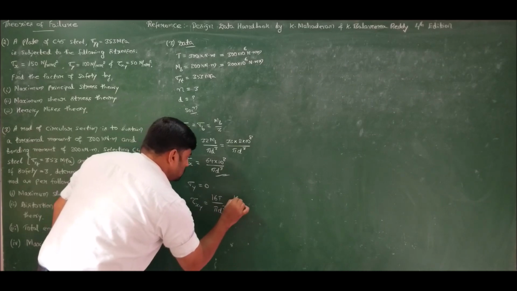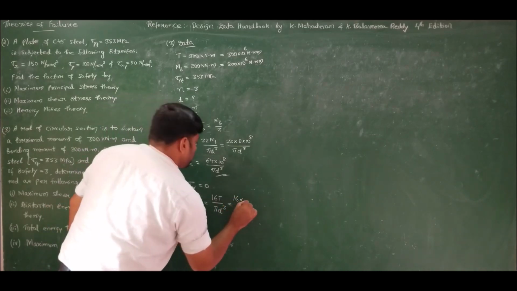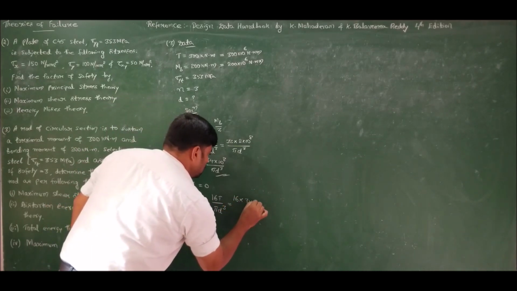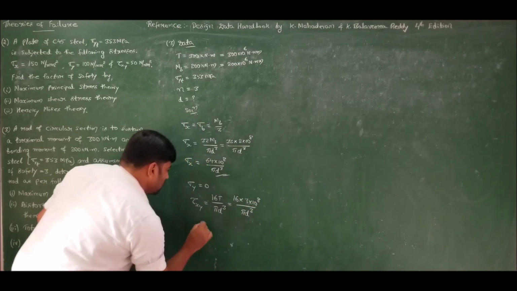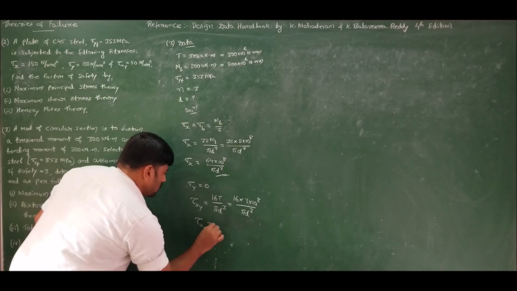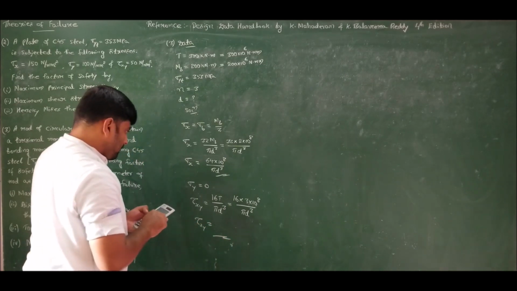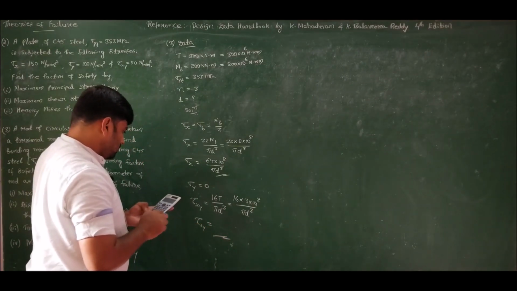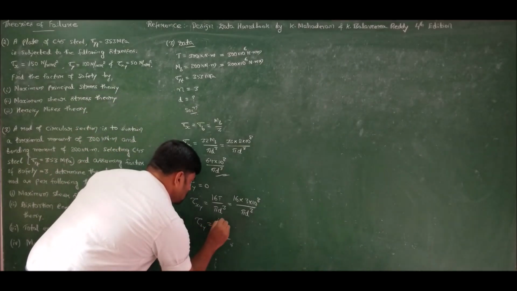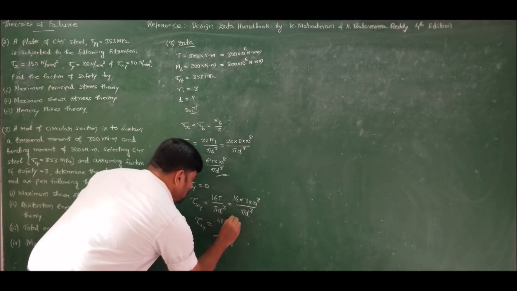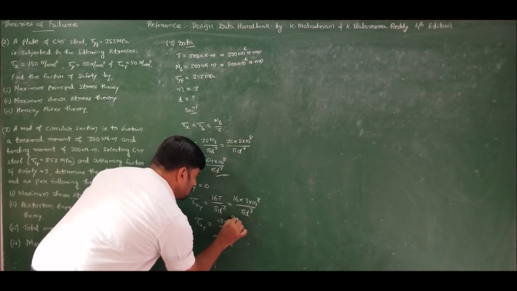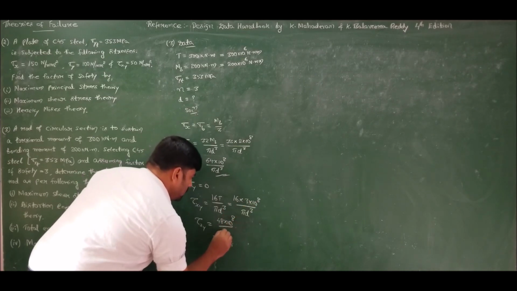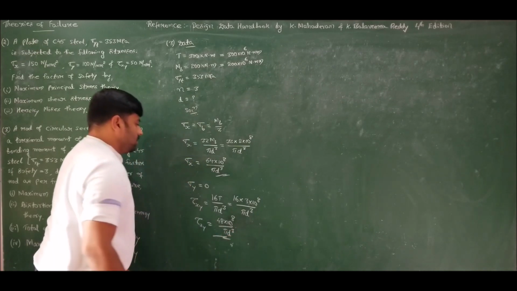So hence if I substitute the values, it is 16 into torque, which is 3 into 10 to the power of 8, divided by pi d cube. Hence I will get tau xy as 16 into 3, that is 48 into 10 to the power of 8 by pi d cube.